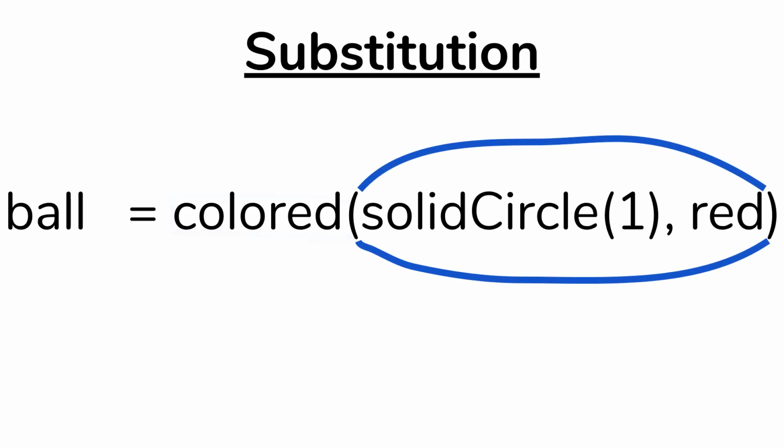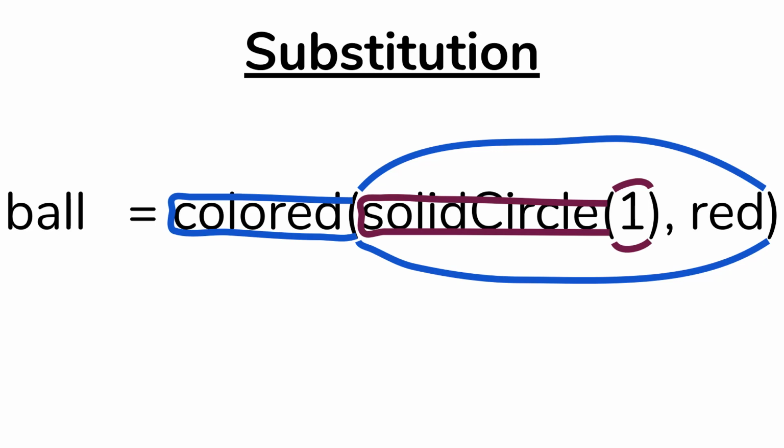The function colored has these two arguments, solid circle 1 and red, but inside one of those arguments is yet another use of a function. So instead of just a frying pan, we have one frying pan inside of another. I guess you could think of it like cooking one of the ingredients before you add it to the larger dish. Placing one function inside of another in this way is called nesting.